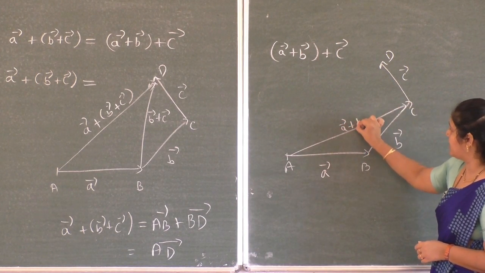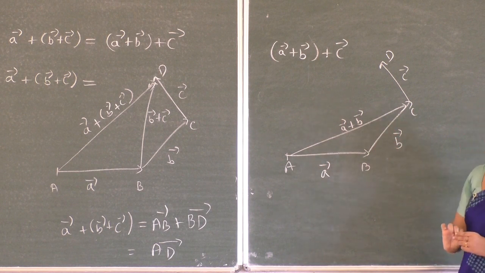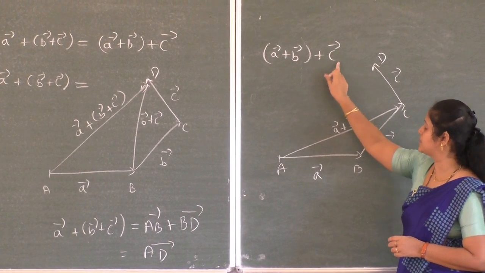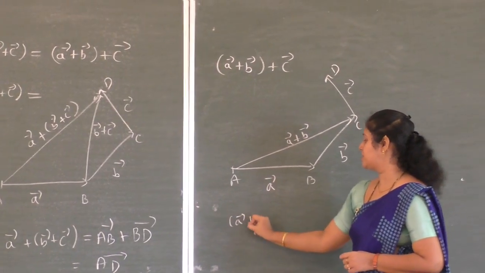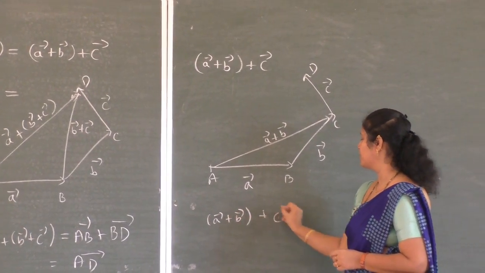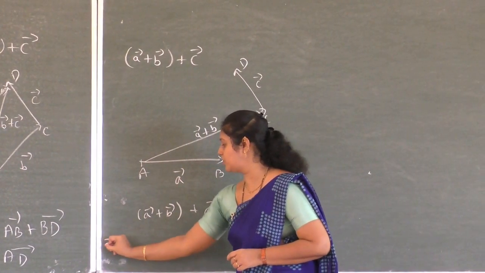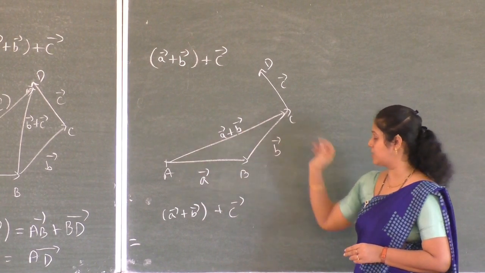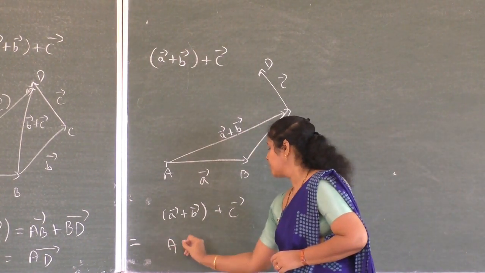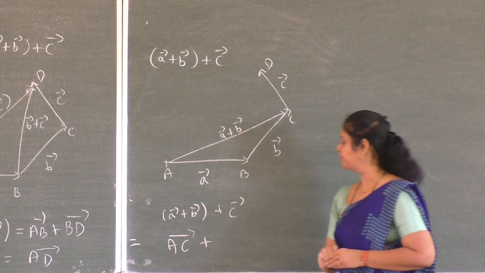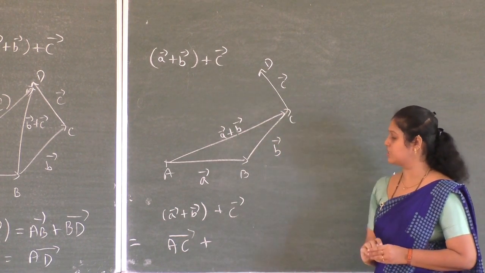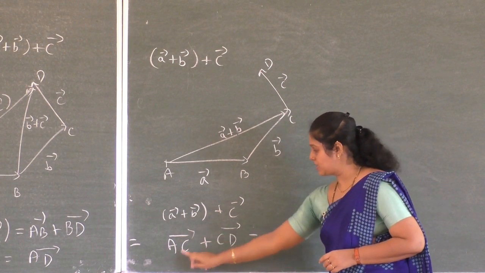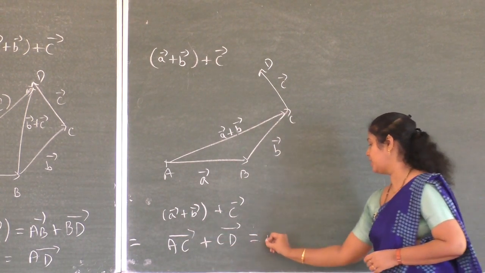Now, vector A plus vector B plus vector C is equal to vector AC plus vector C, and vector C is vector CD, so vector AC plus vector CD is vector AD.